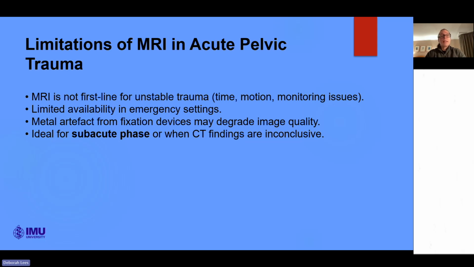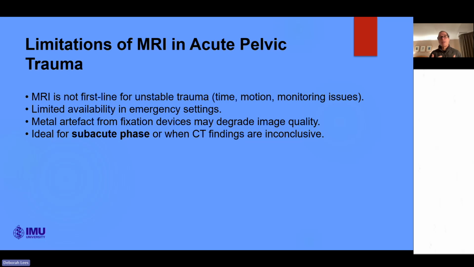So in acute settings, you don't always have access to an MRI scan. If the patient has been very unstable, often we've got them in a pelvic binder. The binder may not be MRI compatible, depending on which service you're using, and you don't want to take the binder off in case of bleeding. Sometimes we put an X-fix on.